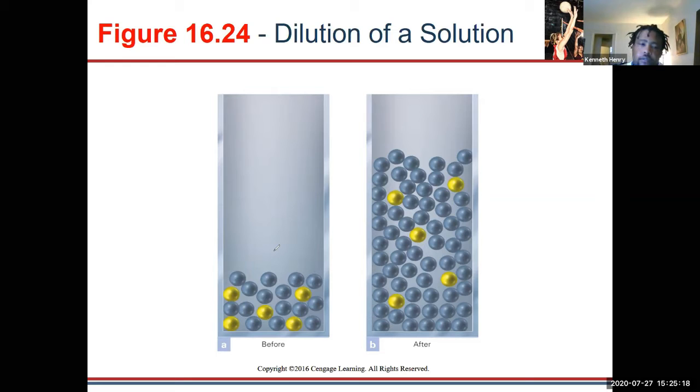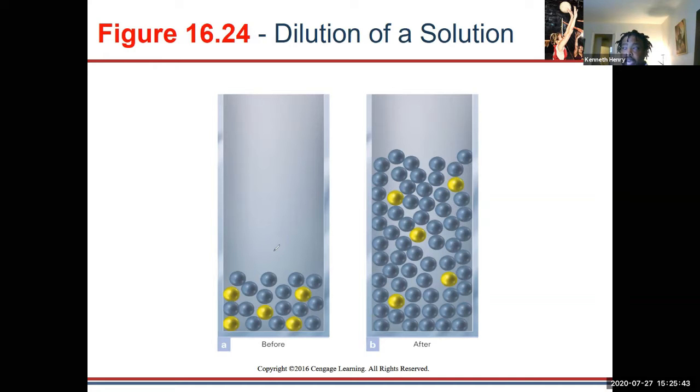Okay, so how many yellow dots do you have here? 5. Okay, so the blue dots represent water, right? So initially we have 5 yellow and a total of 17 things of water.